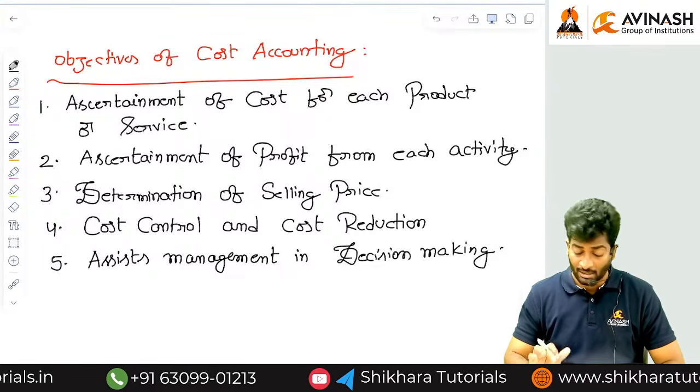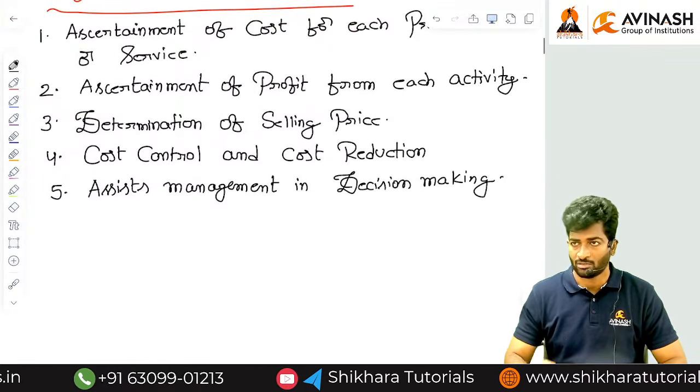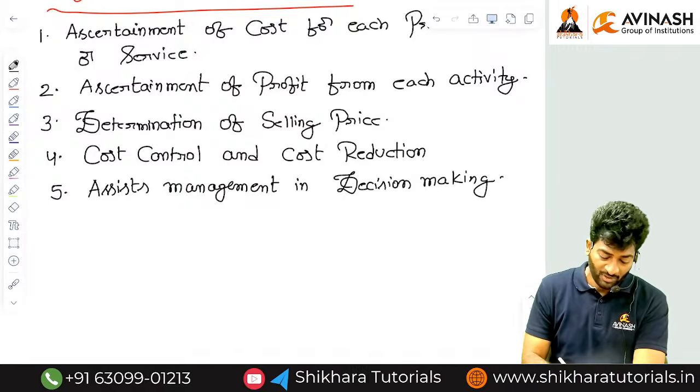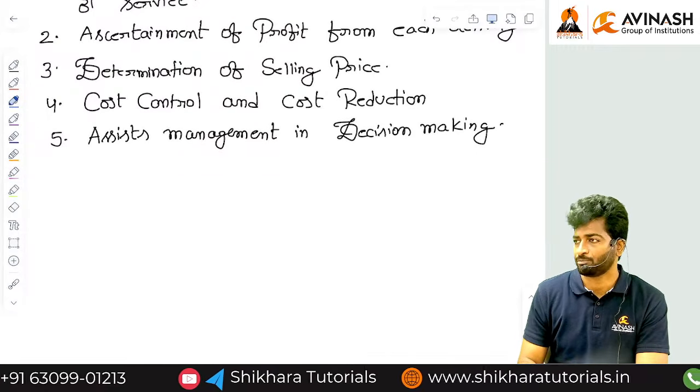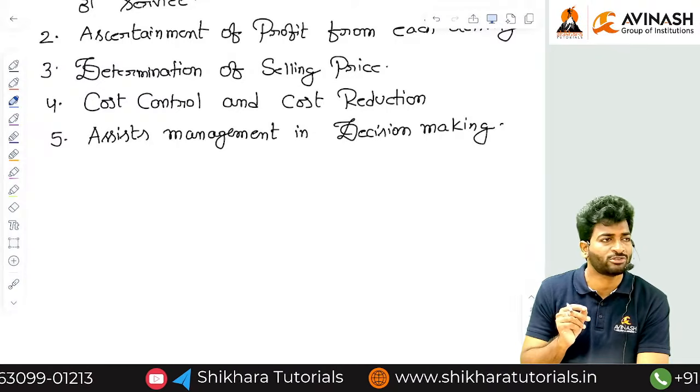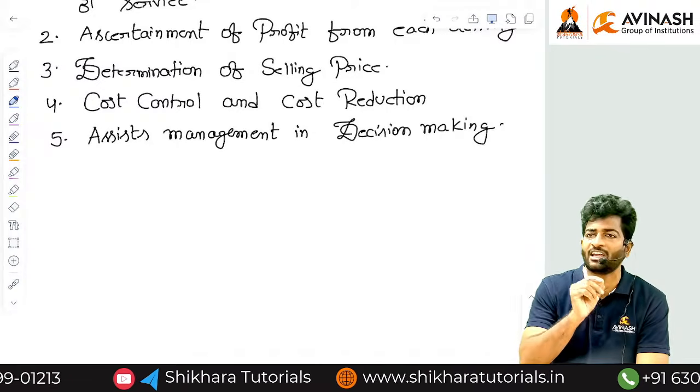Is it clear? All right. Now, after completion of these objectives of cost accounting, next, based on different criteria, we are going to use different terms of cost in our entire costing subject.